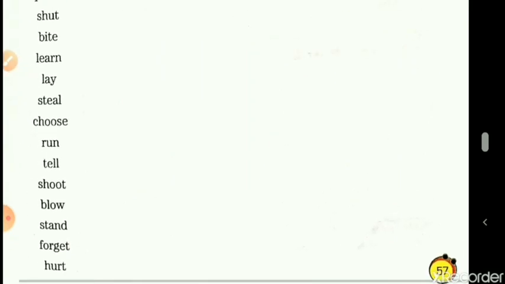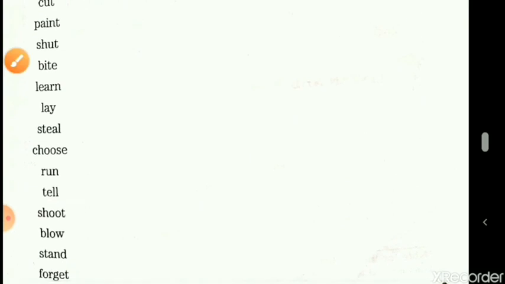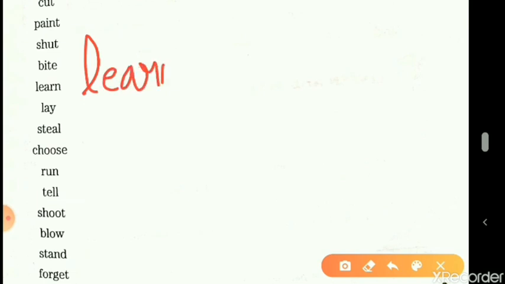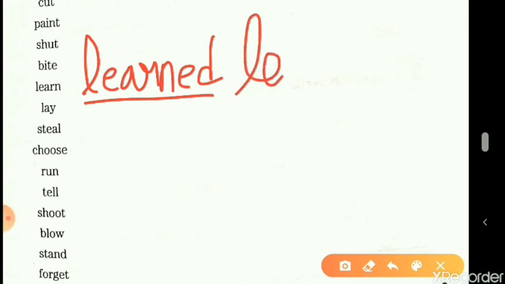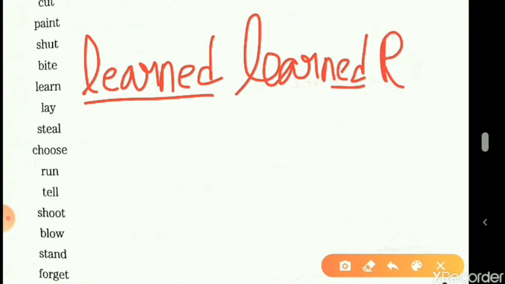Learn, as I had explained in my last class, can be both a regular and an irregular verb. Now, if we add ed to the past form, learned, then again learned, we have added ed. So here, these are regular verbs.